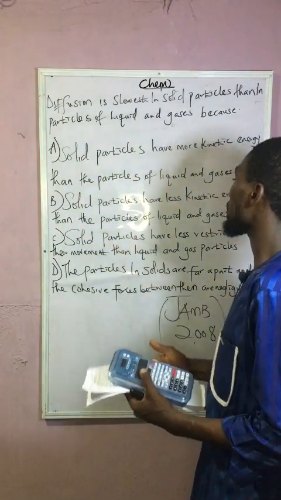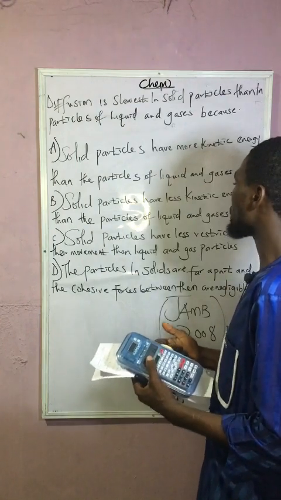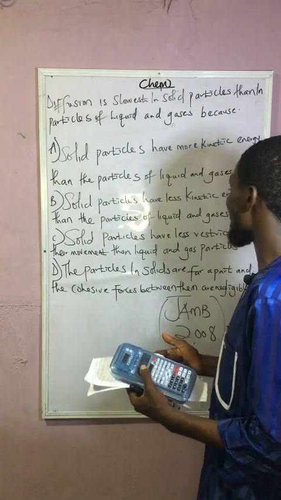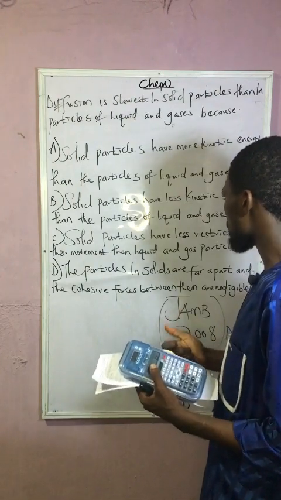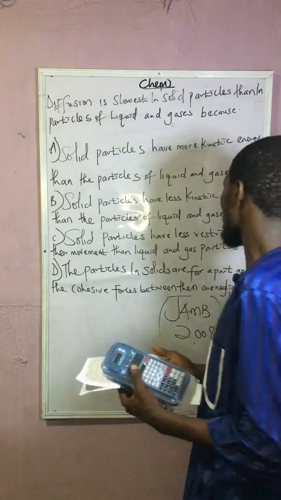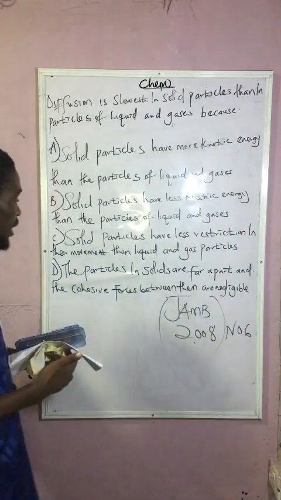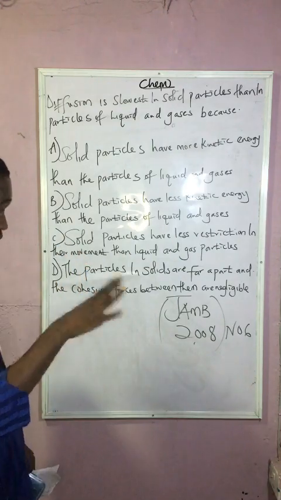Or solid particles have less kinetic energy than the particles of liquid and gases. Or solid particles have less restriction in their movements than liquid and gas particles. Or the particles in solid are far apart and the cohesive force between them are negligible.